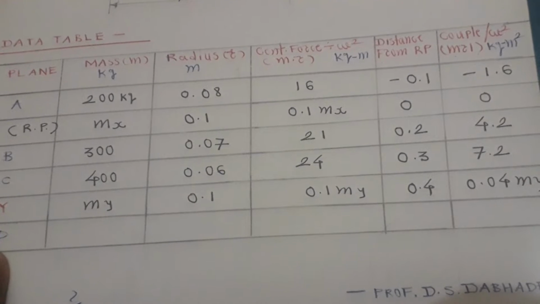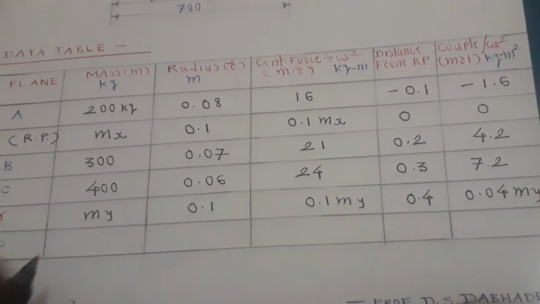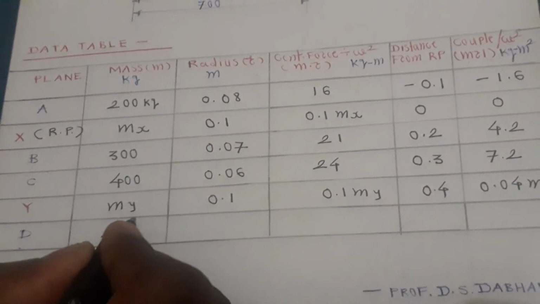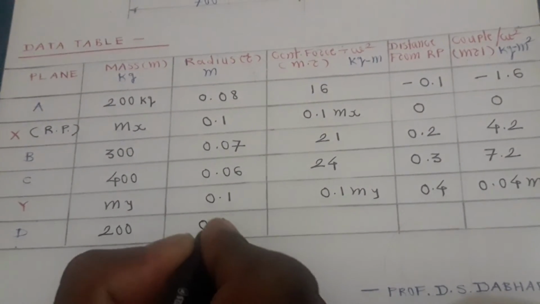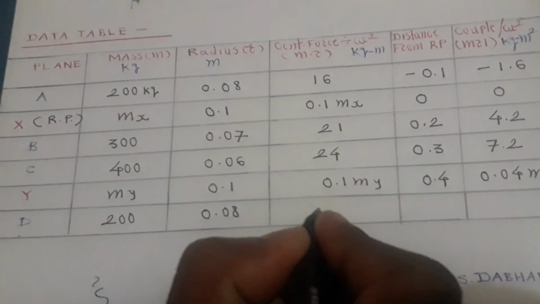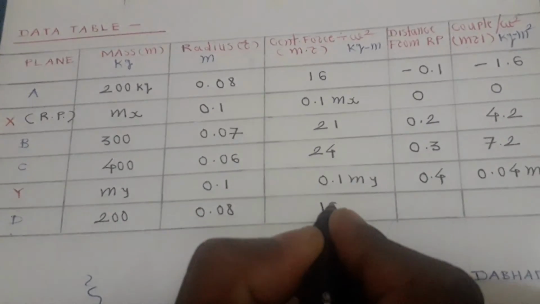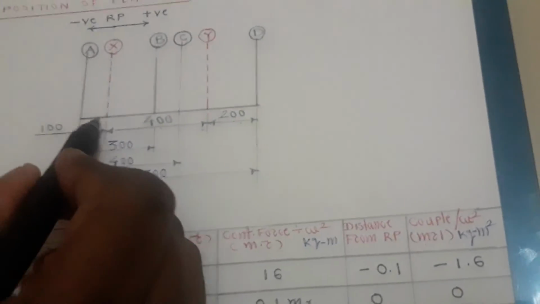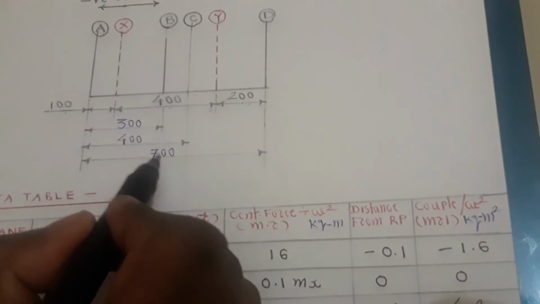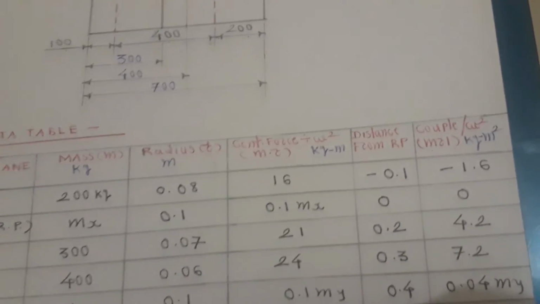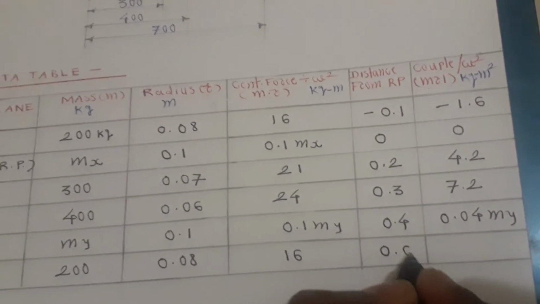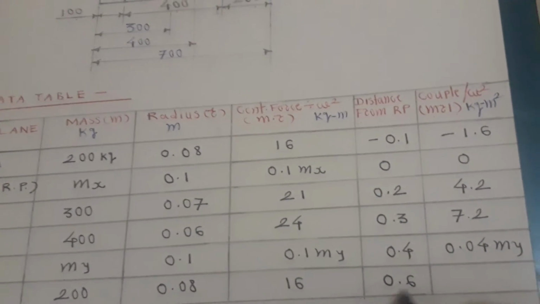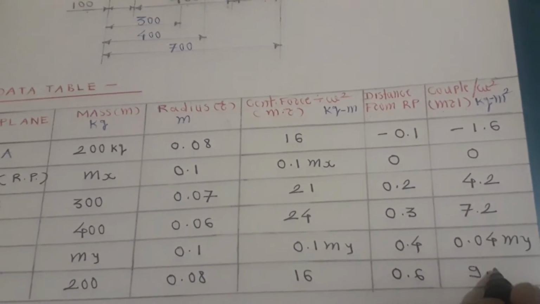In the last plane, that is capital D, the mass is 200 kg, the radius is 0.08. This product will be 16, and for the distance of this plane, A to D is 700, A to X is 100, so 700 minus 100, that means 600 millimeters towards the right side, therefore 0.6 meter. So this product will be 9.6.